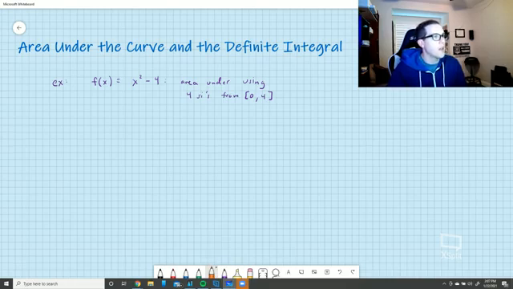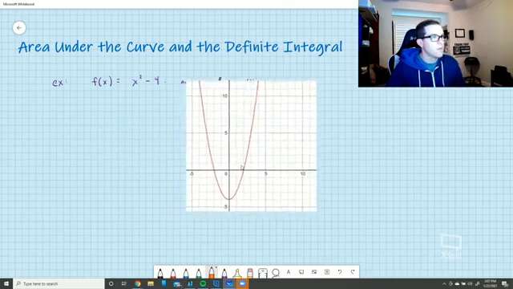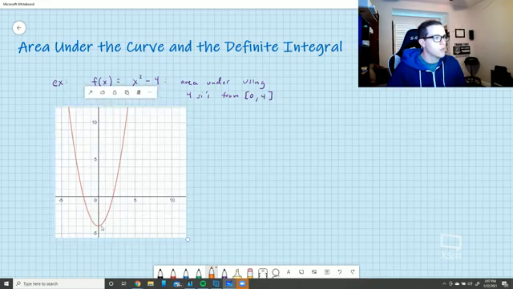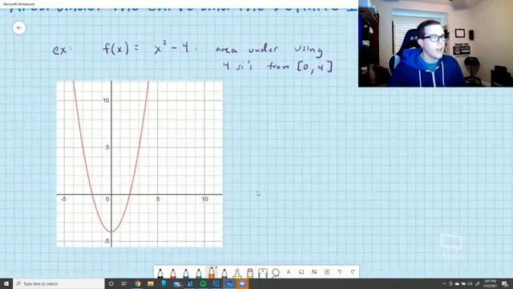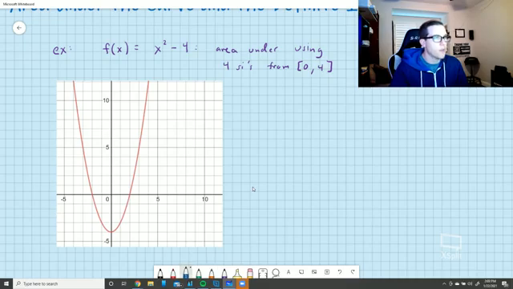And rather than sketch it this time, I'm just going to cheat and use Desmos. Here's the graph of it. Notice this one goes below the x-axis. So how can I do it? The first way I'm going to do it is a left-hand Riemann sum.